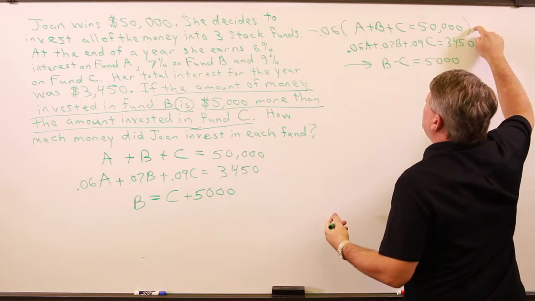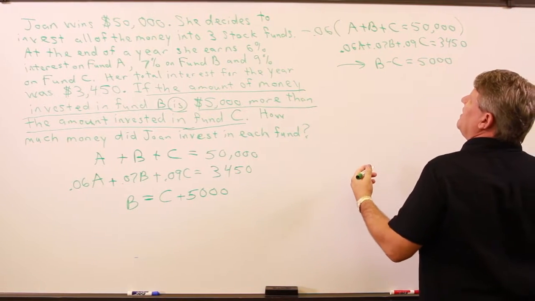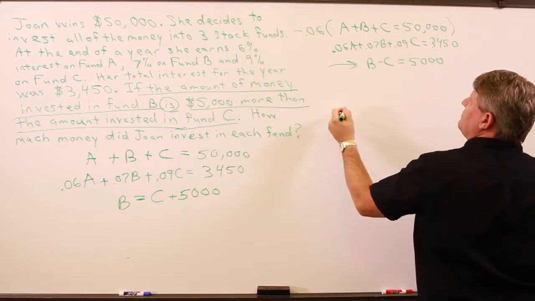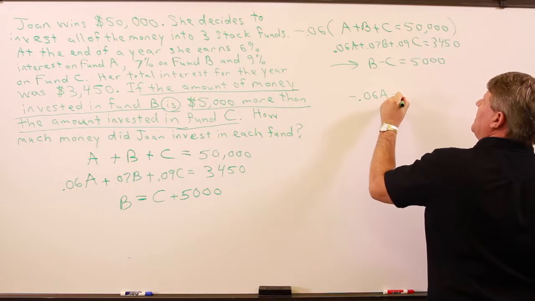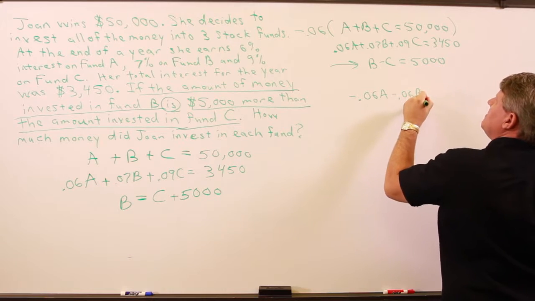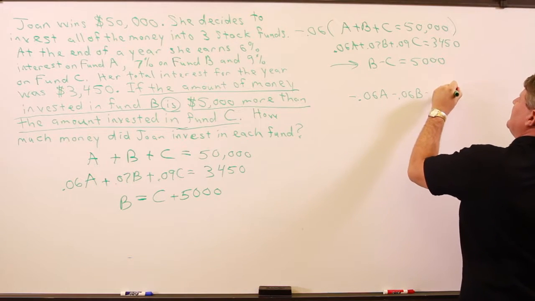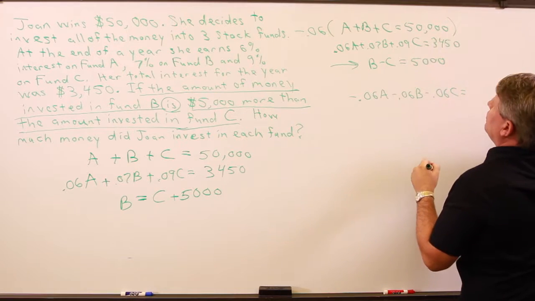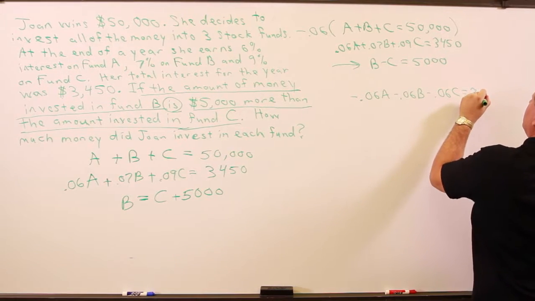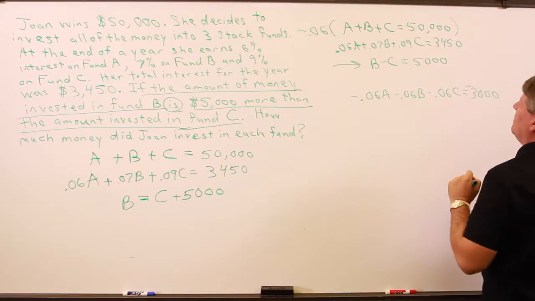So taking my top equation and multiplying by negative 0.06 gives me negative 0.06a minus 0.06b minus 0.06c, and that will be equal to negative 3,000.